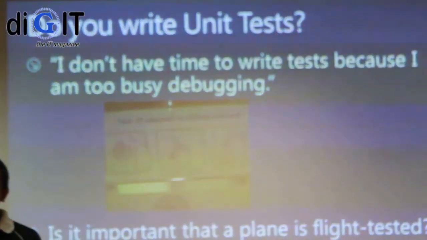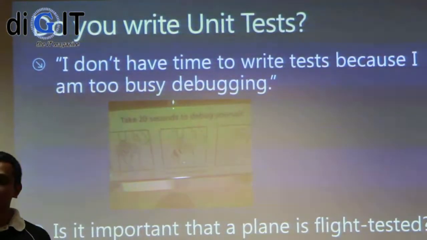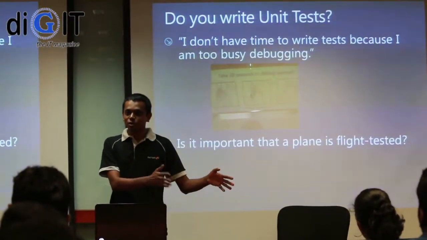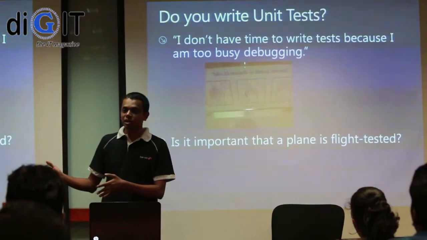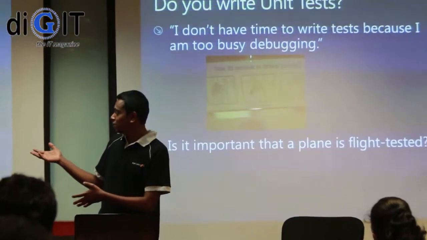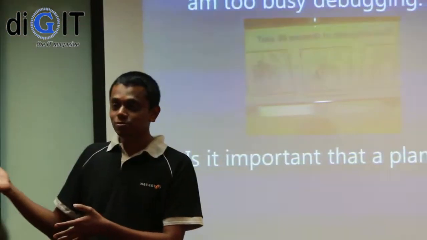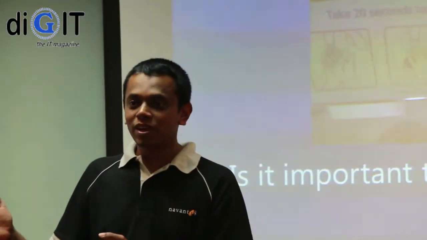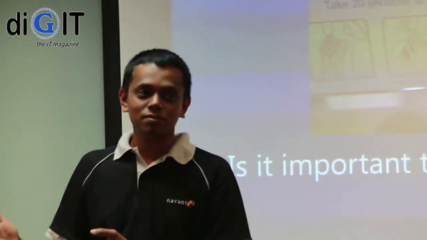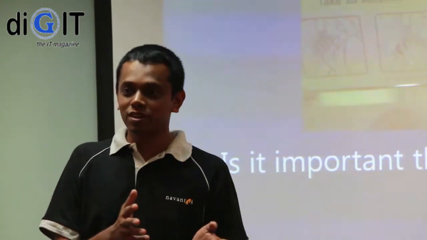Think your office is sending you to Singapore somewhere for a certain training session. You are booking a flight from Sri Lanka, maybe to Virginia, whatever. Do you want that plane to be flight tested before you fly in it, or not? Are you willing to risk your life?